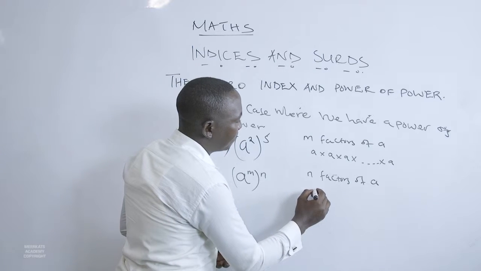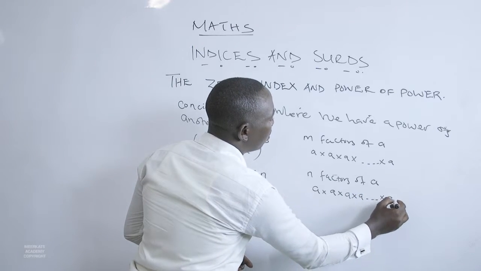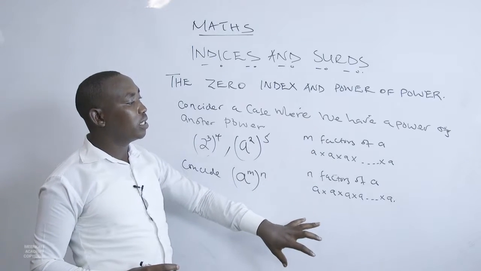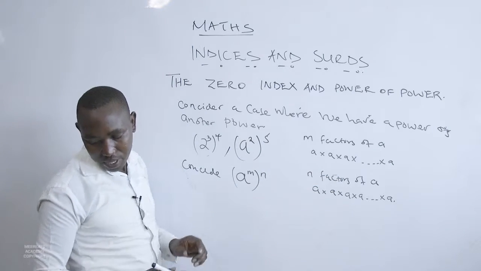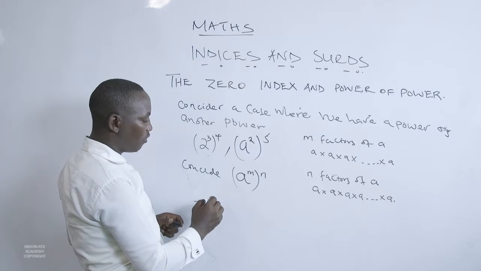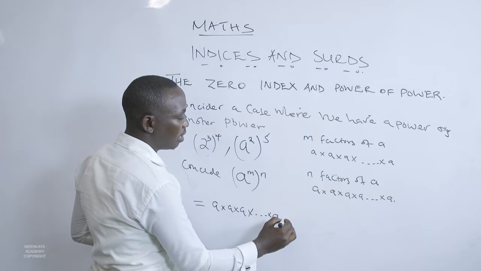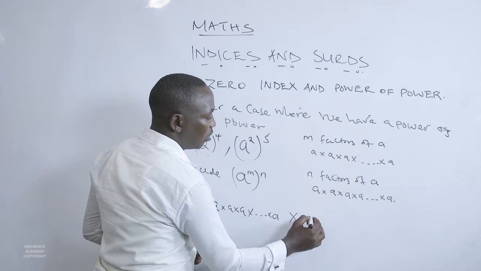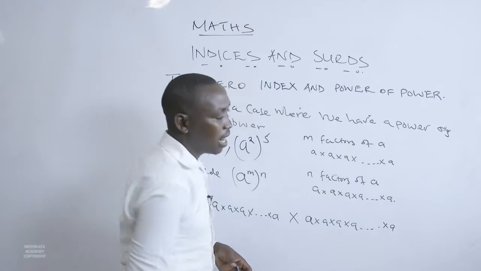which in this case we can have as a multiplied by a multiplied by a multiplied by a, again also there are so many. So when we raise this to this, that means we are going to multiply this one and this one together, and when combined, this is going to give us the m factors of a, which is a times a times a, so many times a, again multiplied by the n factors of a, which shall be a times a times a times a, so many times another a.